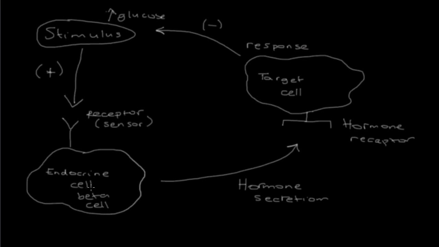And this rising glucose acts on the sensor, the receptor on the wall of the beta cell, and this then secretes insulin. So it's a hormone secretion. In this case, there's going to be a release of insulin from the beta cell, which then acts on the skeletal muscle.